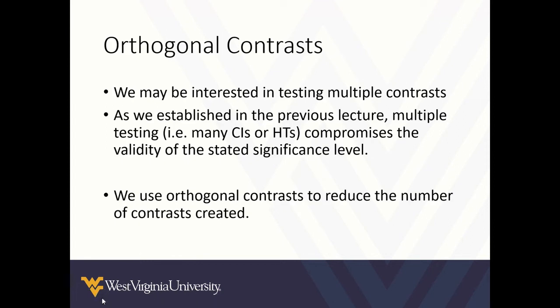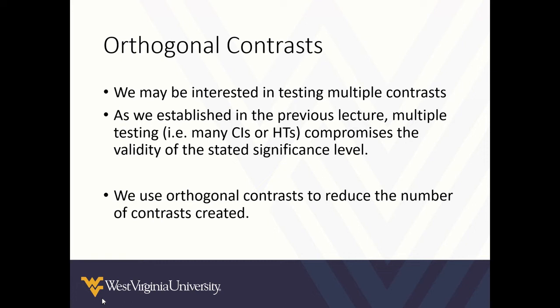And so this leads us into our next discussion point, which is orthogonal contrasts. In our previous part of this lecture, we talked about making one comparison. We were comparing the black door in our mice example to the red and green door.